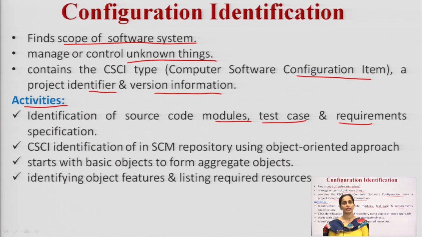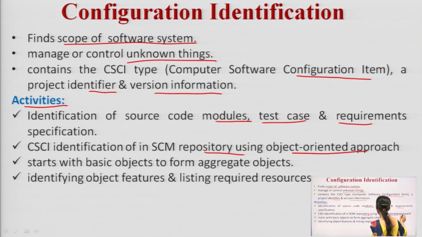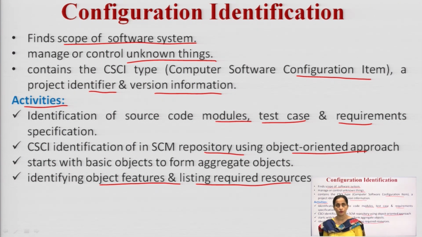Then CSCI identification in the SCM repository uses the object oriented approach. It starts with the basic objects and forms different aggregates of the objects. Then it identifies the object features and lists them as per the required resources.